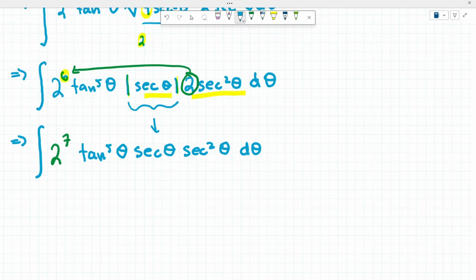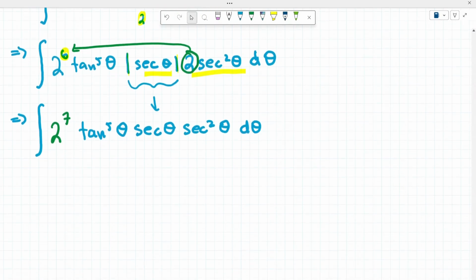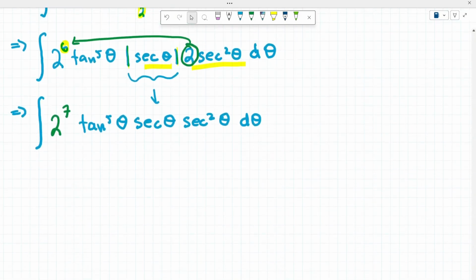Okay, so now we're going to start taking things out of this integral that we no longer need, or that we know are constant and are not dependent upon. So in this case, we can see that theta is a value that we're integrating with respect to. So that means that this 2 to the power of 7 that we see at the beginning is a constant value.